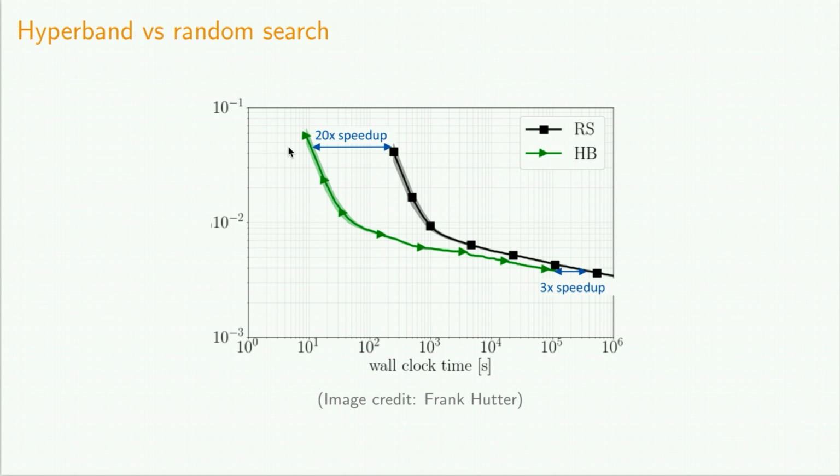Because we don't complete a full training before trusting the evaluation, we already have those low fidelity, early stopped versions of the model. Now, to be fair, one could apply a similar principle to random search. So this speed up could be reduced if we would record the quality of the models before they complete the full evaluation.